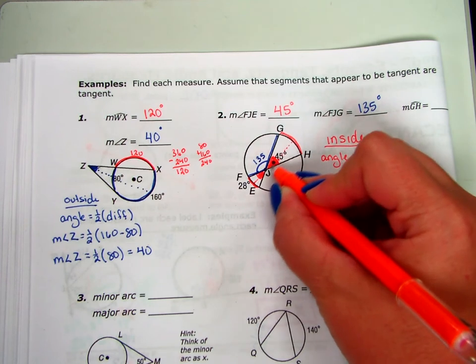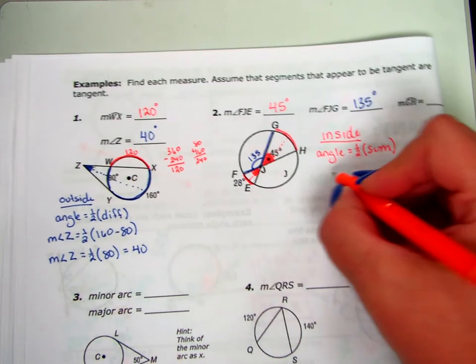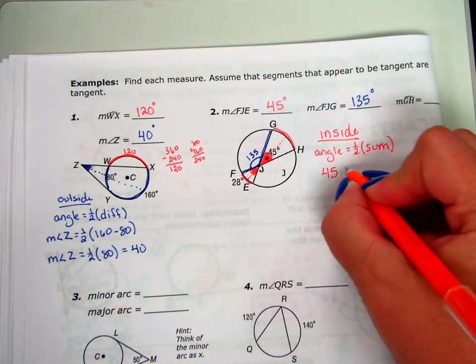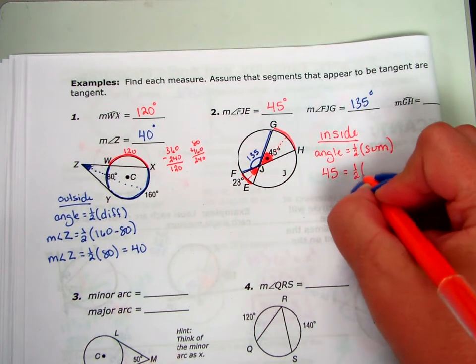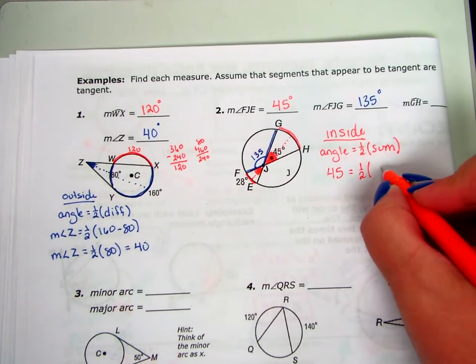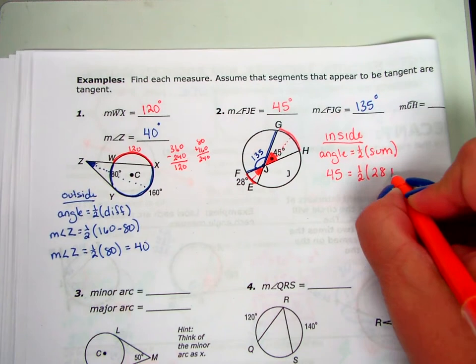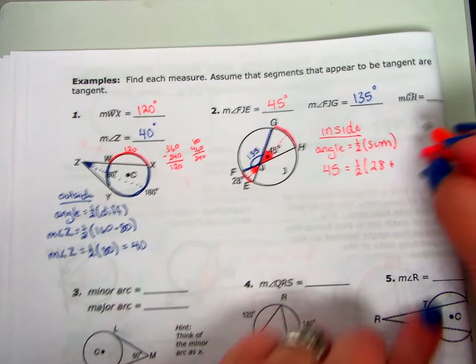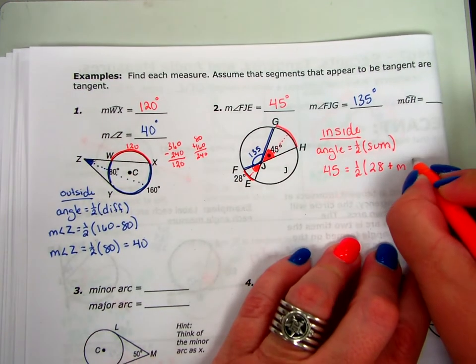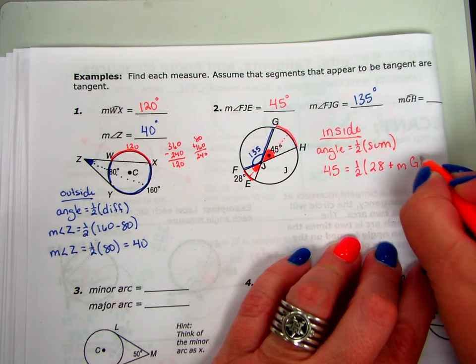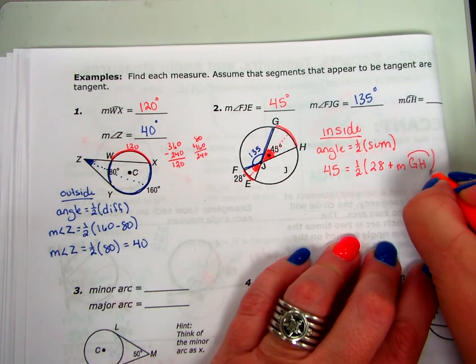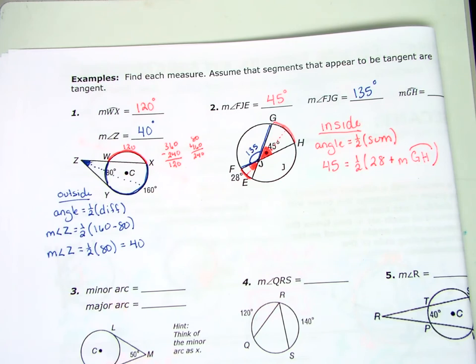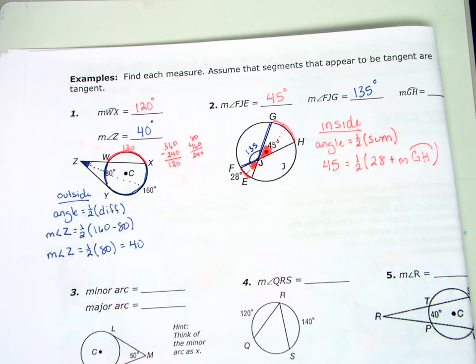So my angle is 45 degrees, the angle that's made when my chords cross here. 45 degrees is 1/2 the sum of the two arcs. One arc is 28. The other arc is what we're trying to find. We're trying to find the measure of arc GH. We don't know that. You could just put an X if you didn't want to write that whole thing down.